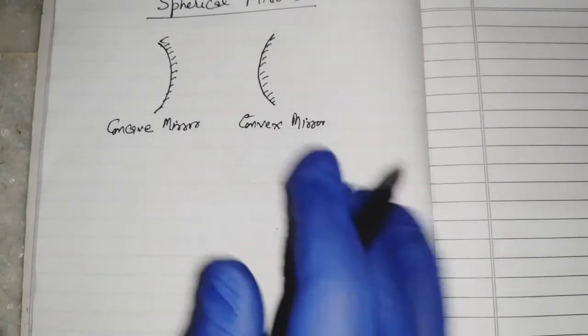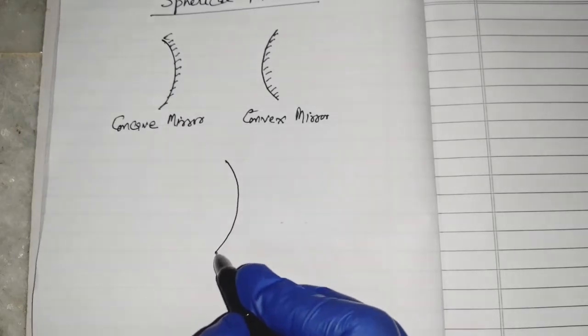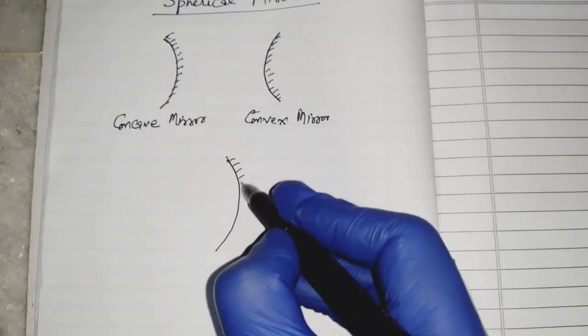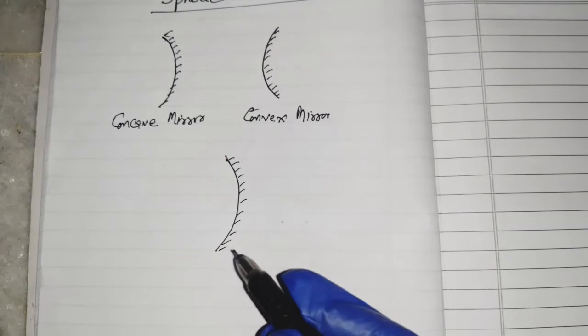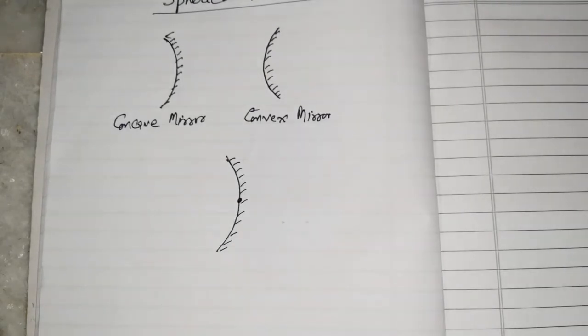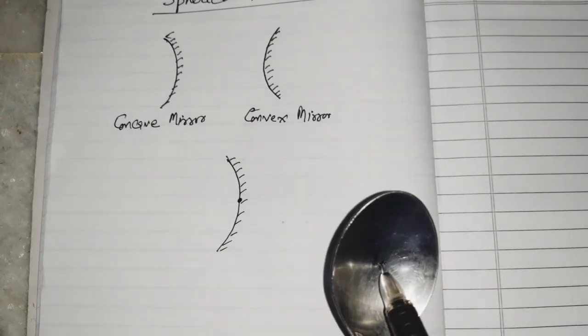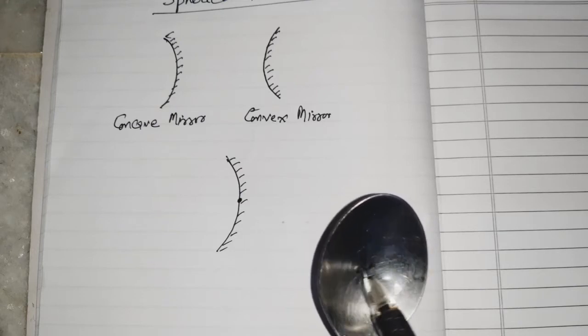Now let's learn more about mirrors. Suppose this is a concave mirror, and this is the geometrical center of the mirror. This point is called the pole of the mirror.